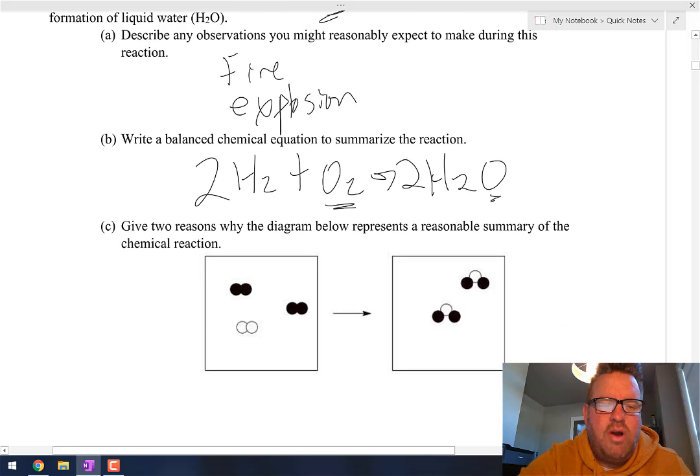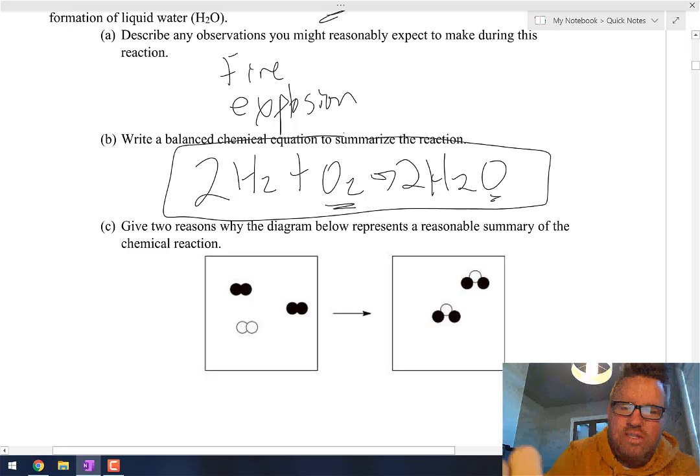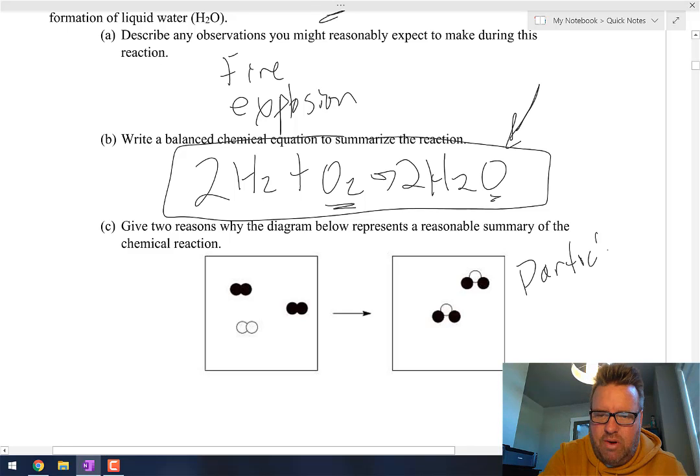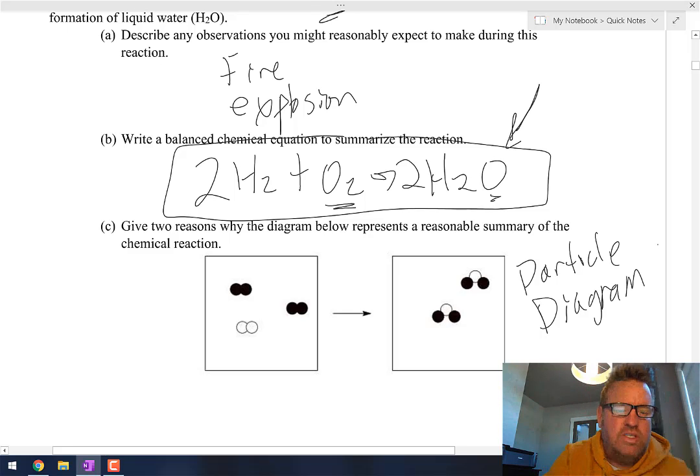Okay, and then part C says give 2 reasons. So basically, a lot of times what they'll do is they'll take these balanced equations and then they'll put them as molecules in what's called a particle diagram. That's what this thing is. They'll put that in there and ask you questions about it. So C says give 2 reasons why the diagram below represents a reasonable summary of the reaction.